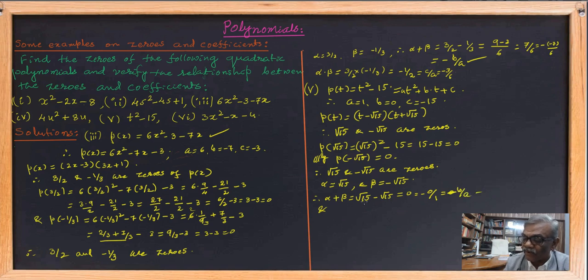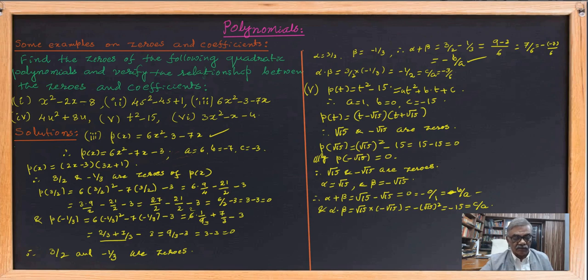I can write very well, and alpha into beta is equal to root 15 into minus root 15, that is going to be minus root 15 whole square, that is minus 15, that is c by a, that will hold good. In this way, we can establish the relation between zeros and coefficients of quadratic polynomials.